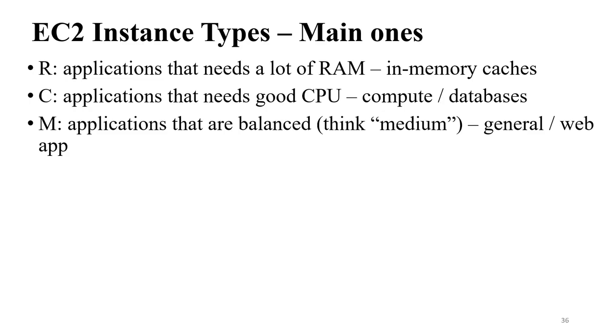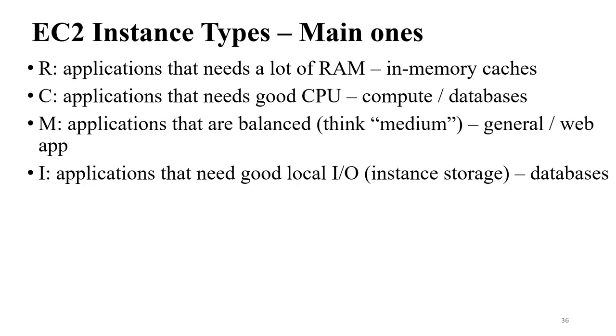Suppose I'm launching a middleware component like Tomcat and I need a virtual machine for it. Tomcat is taking the request, handling it and giving the response back, right? They're all general purpose or medium type instances, so we can choose M type instances, for web applications, hosting web servers or app servers.